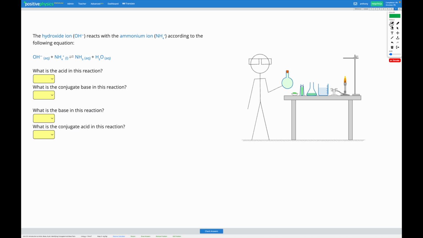In this skill, we're trying to identify the acid, base, conjugate acid, and conjugate base in a reaction. When an acid loses H+, it becomes its conjugate base.